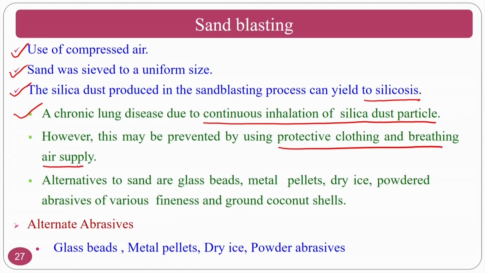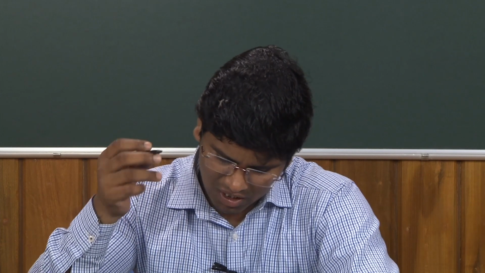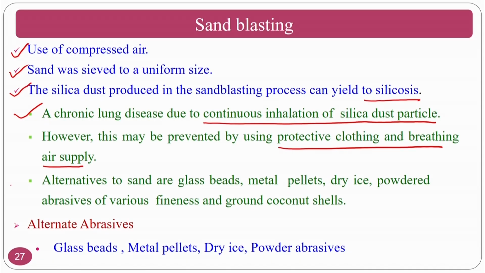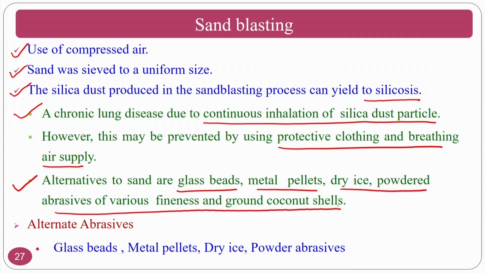That means you can prevent silicosis by having a mask, apron and other protective things provided by the company to the operator. As alternatives to sand, glass beads, metal pellets, dry ice, and powdered abrasives of various fine sizes, such as ground coconut shells, can be used.